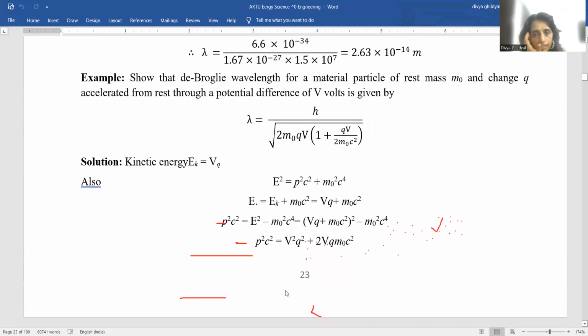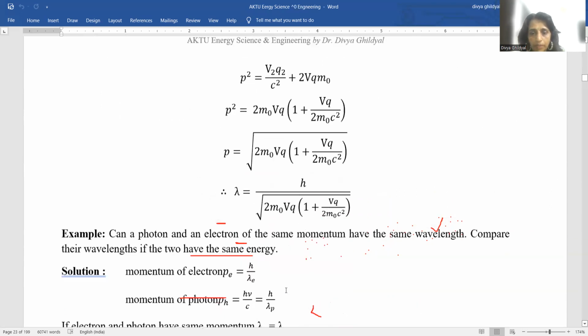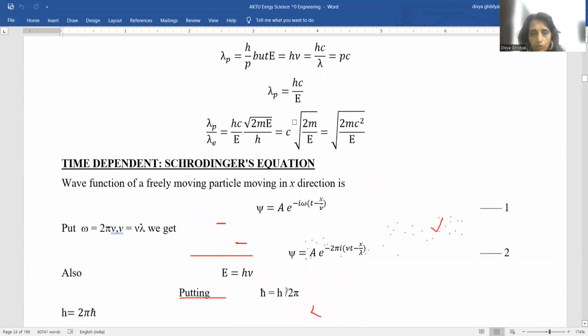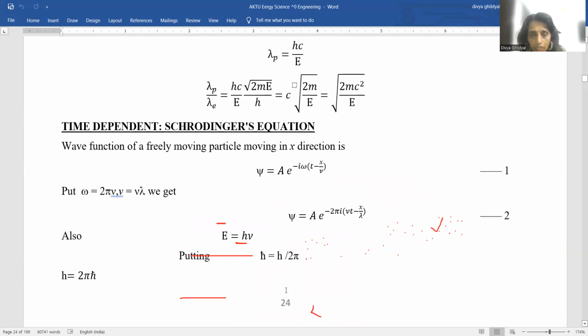Few derivations are important for section B, which you can see. Now I begin with the time-dependent Schrodinger equation. See, the wave function of a freely moving particle in the x direction is given by phi is equal to a e to the power of minus i omega into t minus x by v.